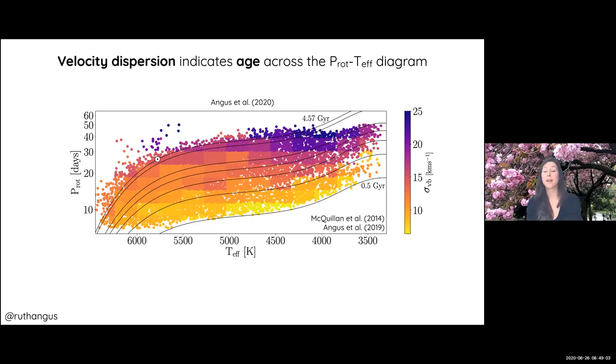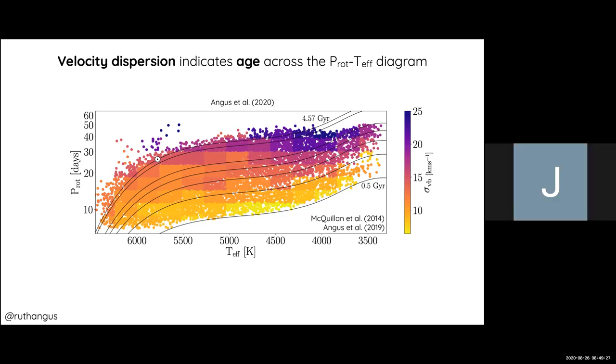And so you might ask, well, why am I comparing with this gyrochronology model if it's not very good? The answer is that in general, most gyrochronology models, especially empirically calibrated ones, look pretty similar to this. We're now seeing with these data that they're probably a little bit too steep, especially in the K and M dwarf regime.